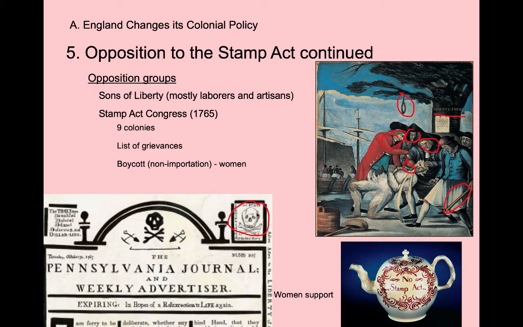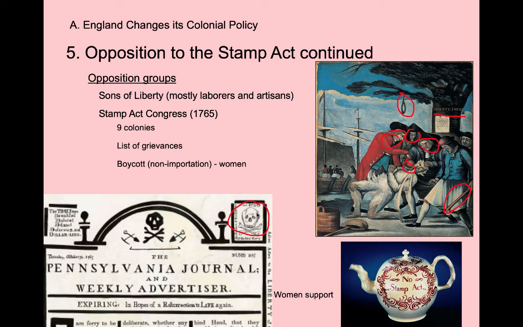Now, in order for this to work, we have to get women on our side because it's a very patriarchal, male-dominated society in the colonies, and women are expected to cook and clean and to take care of the household. That also means going and buying food, clothing, materials, dresses, and shopping for the home. And so if we really want to boycott British goods, we have to get women to support this boycott because they're the major purchasers of these goods from England.